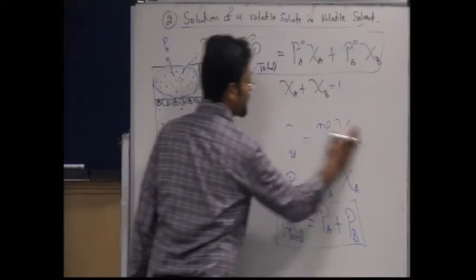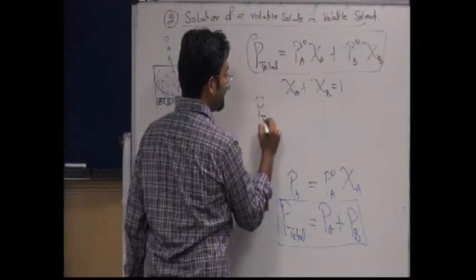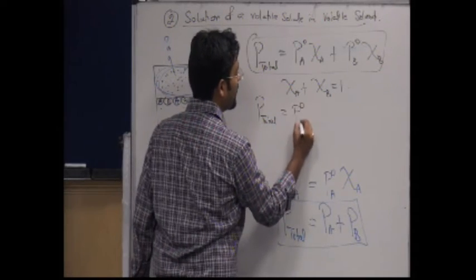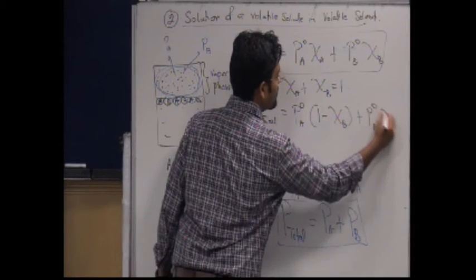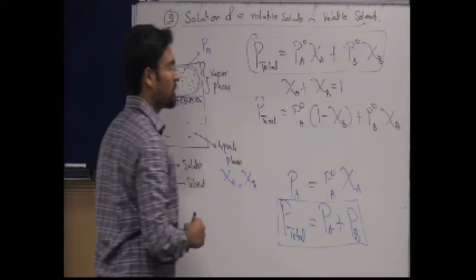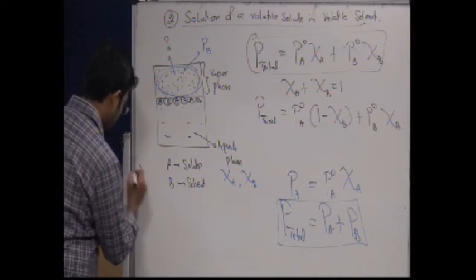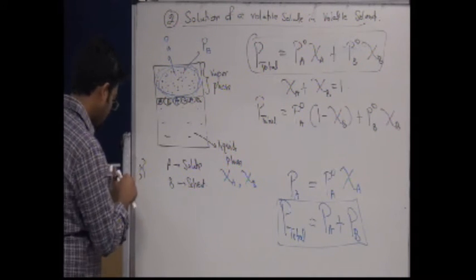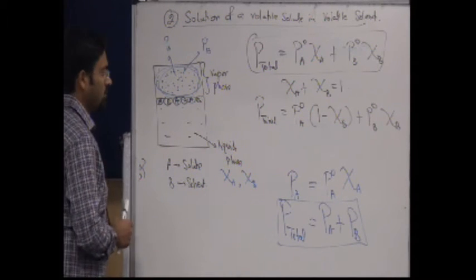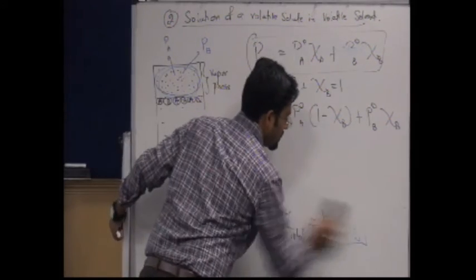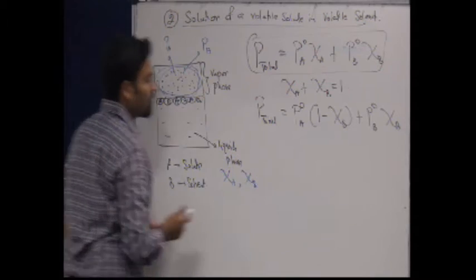For example, I deduce this equation in the form of B. So what I have to do is substitute for A. So P total is equal to P naught A into 1 minus xB plus P naught B xB.